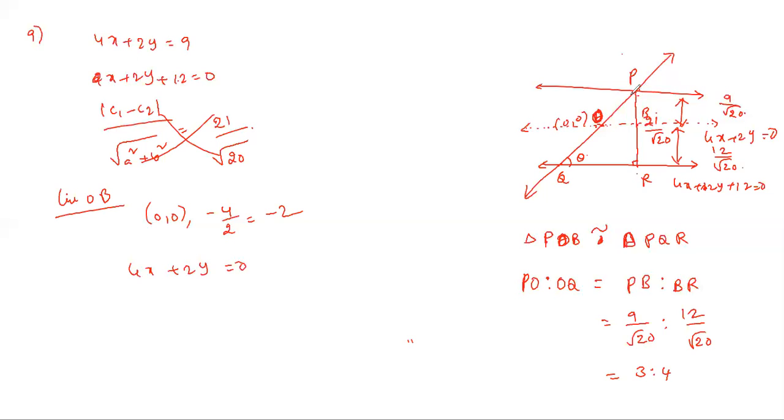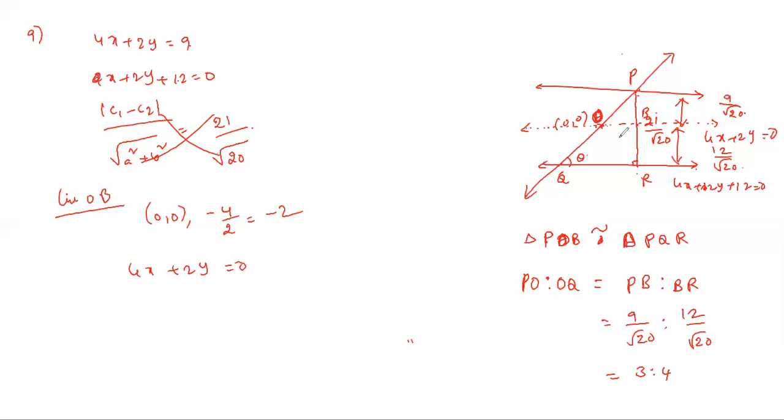See, this is the line L passing through the origin and it intersects the two parallel lines. So we have to find the length. The origin is inside. How do we decide the origin is inside? You substitute in this line and get a negative sign. If you substitute the origin in the second line, you will get positive. So one negative, one positive means inside.